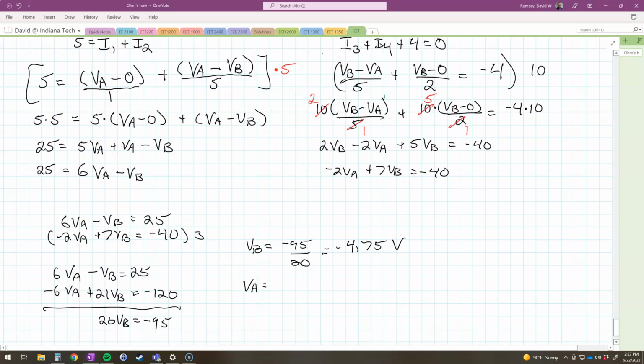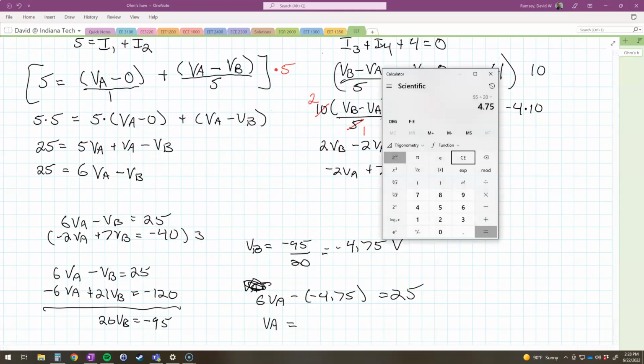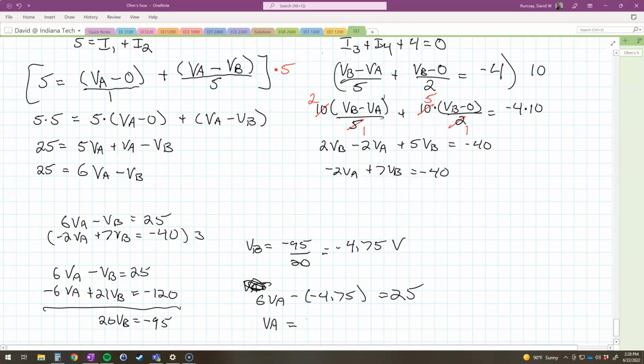VA would be, just using any one of these equations, I'll say 6 VA minus negative 4.75 is equal to 25. So solving that, we get VA is equal to 3.375.